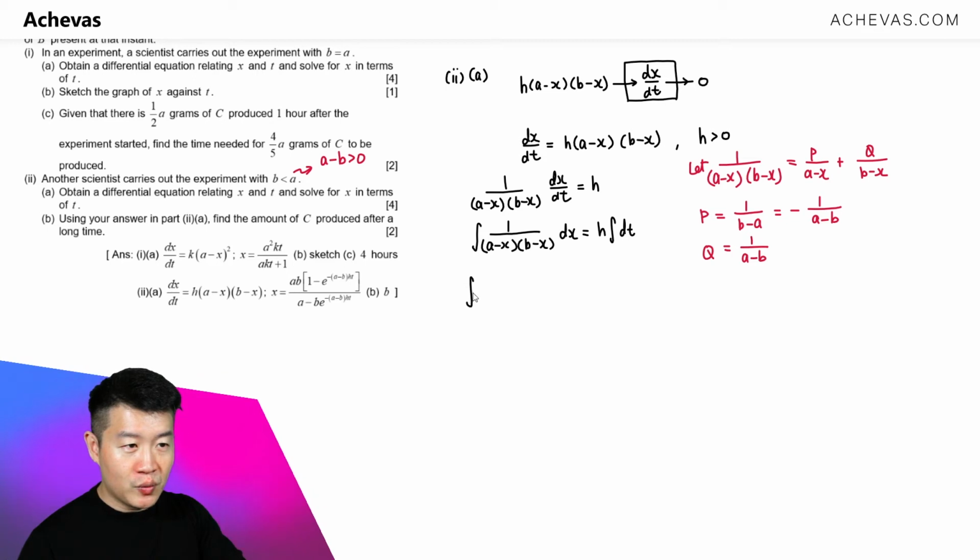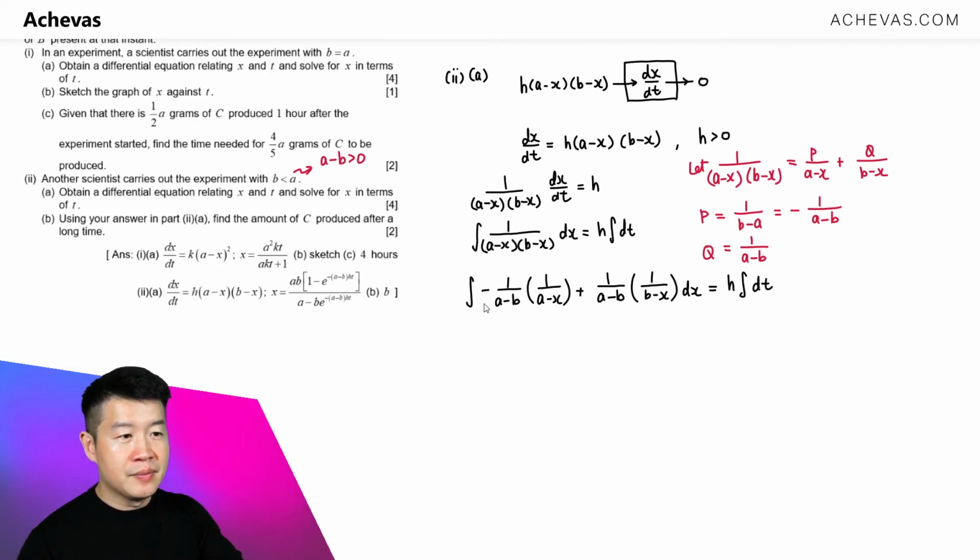So I will be able to re-express this now as p, which is minus 1 over (a minus b) multiplied by 1 over (a minus x), then plus q, which is 1 over (a minus b) multiplied by 1 over (b minus x). So I have this dx, this is equal to h integration of 1 dt.